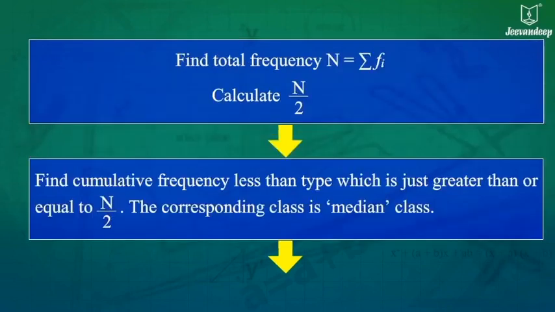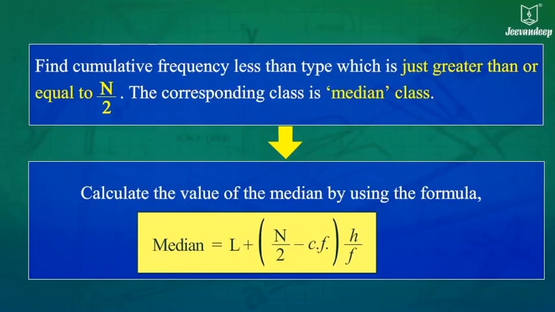Find cumulative frequency less than type, which is just greater than or equal to n by 2. The corresponding class is the median class. Calculate the value of the median by using the formula median equals L plus n upon 2 minus cf multiplied by h upon f.